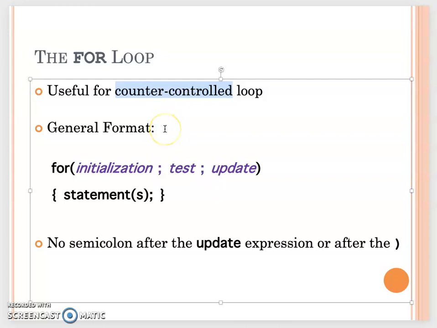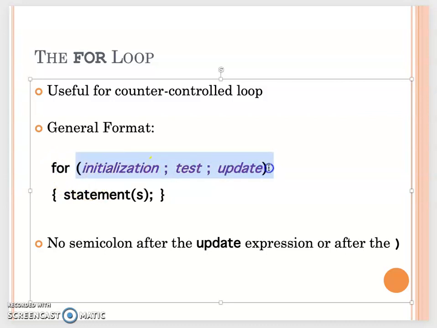So we see what the format looks like. The format for the for loop, you have to write like this. The same thing, we will have a keyword, which is for. Then followed by the for, you have parentheses. Before, in the parentheses for the while loop, we only had a condition.